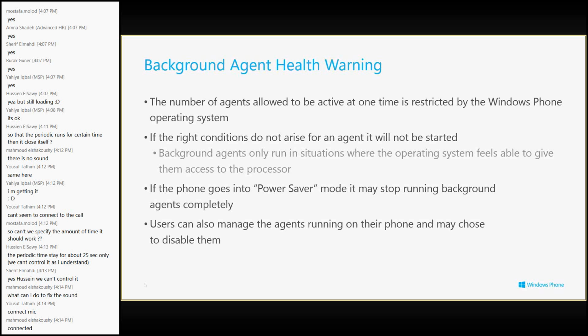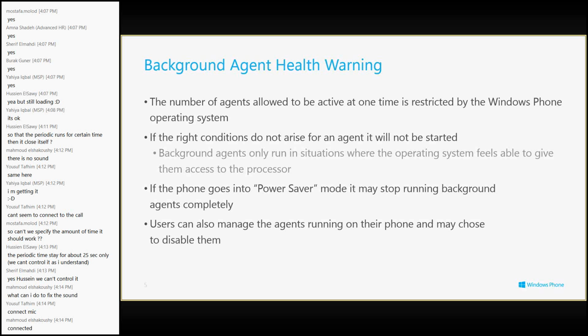When you're trying to add a background agent to the ScheduledActionService class, you'll have to catch 2 exceptions. One is for when the operating system has reached the maximum number of agents, so the background agent won't be able to run.